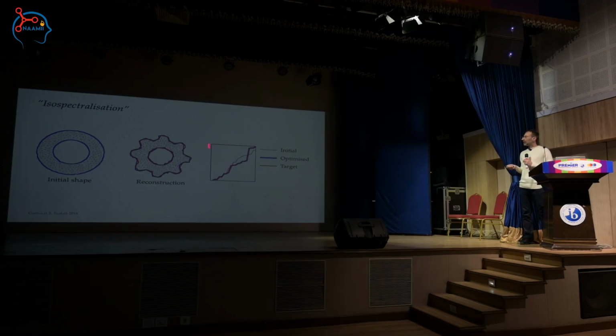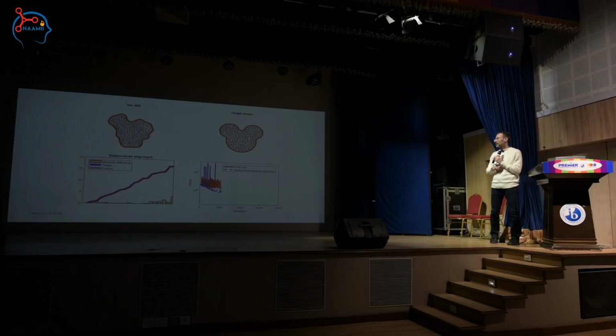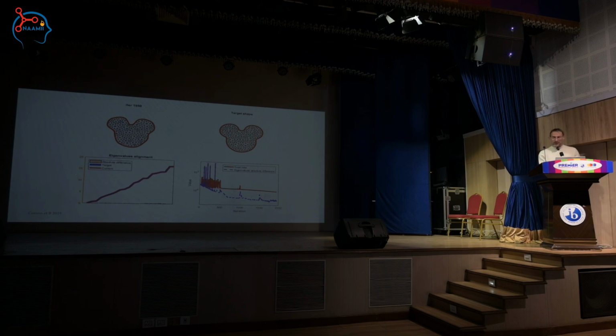You can reconstruct the shape from the spectrum. And here is an example. We call this isospectralization. That was a cute paper by a postdoc of mine, who is now a professor at Sapienza in Rome: you can recover the shape from the spectrum, but you do it by optimizing the coordinates of the shape in such a way that the eigenvalues align with some reference spectrum.